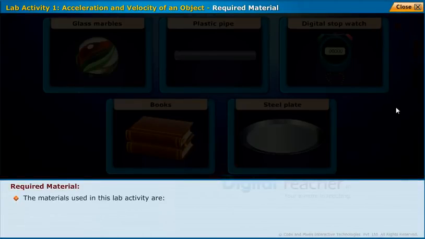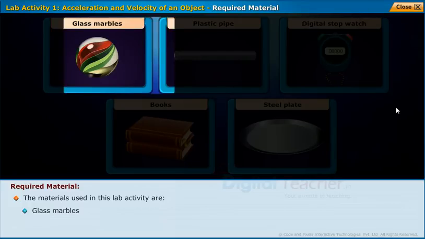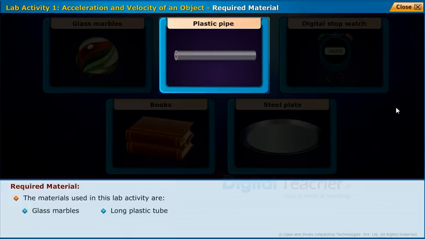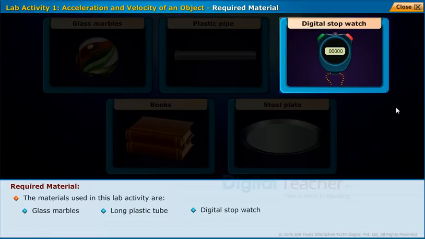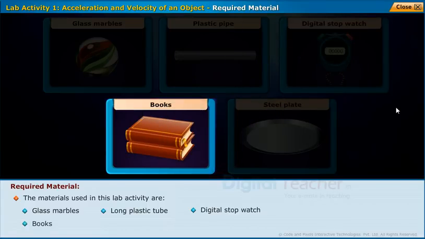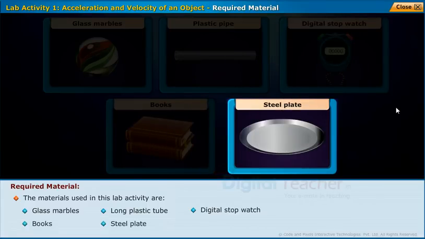The materials used in this lab activity are glass marbles, long plastic tube, digital stopwatch, books, steel plate.